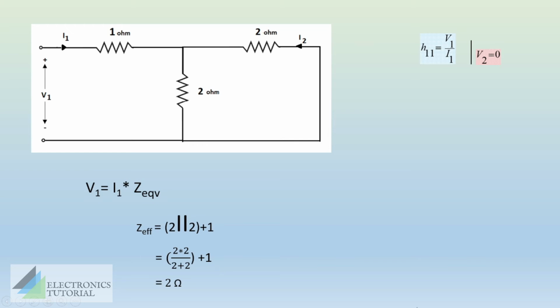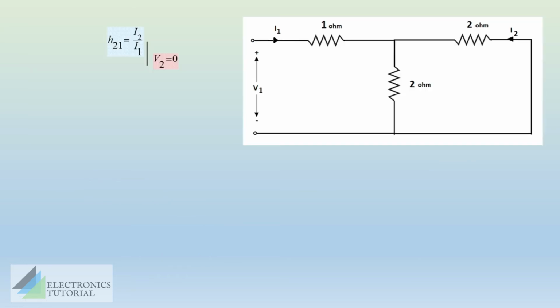By simplifying this, we'll get it as 2 ohm. And this can be substituted in the position of V1. H11 can be written as 2 into I1 divided by the denominator I1. The similar terms cancel each other and we'll get the answer as 2 ohm.